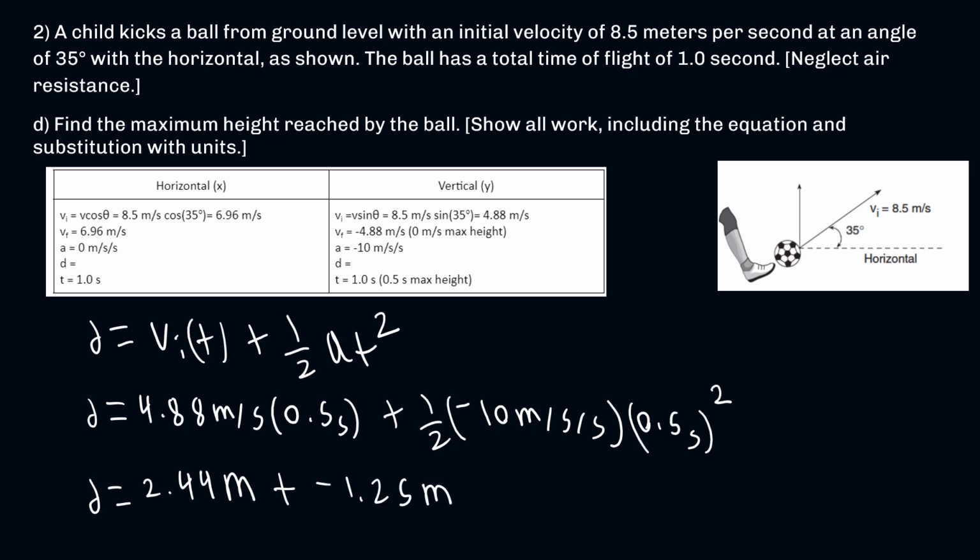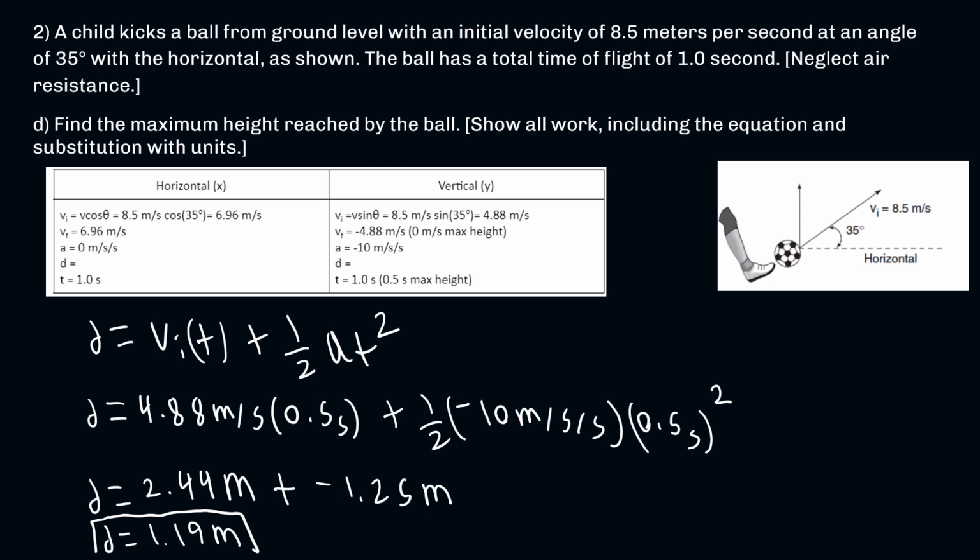And again, that's going to be meters, just based on how all the units shake out. So we should have here 2.44 minus 1.25, and that's going to give me a maximum height of 1.19 meters. So that's my max height there, just plugging in everything that I have from the vertical portion of the kinematics chart, and I'm going to get my answer there as 1.19 meters.